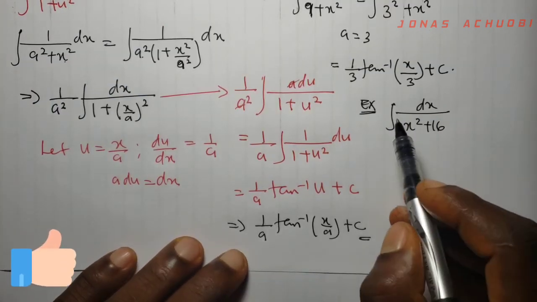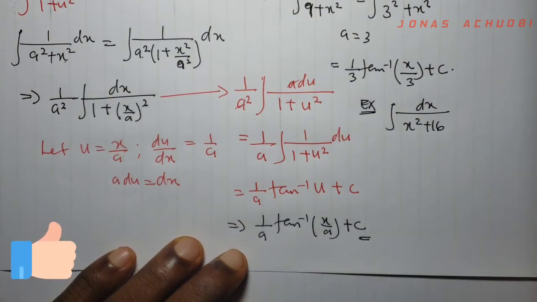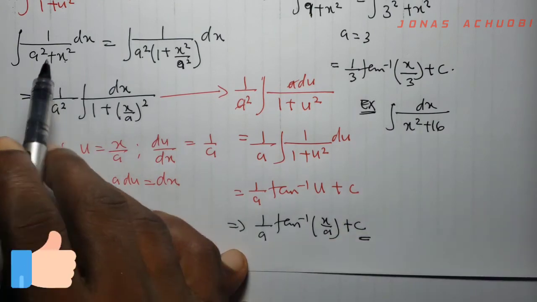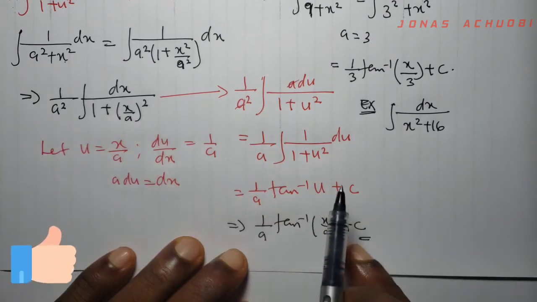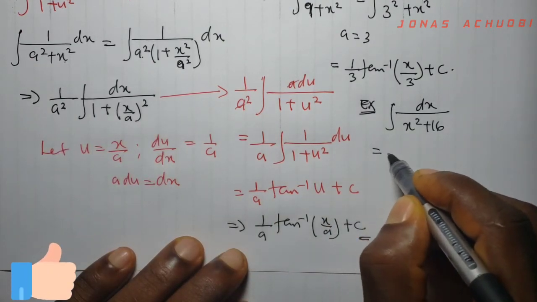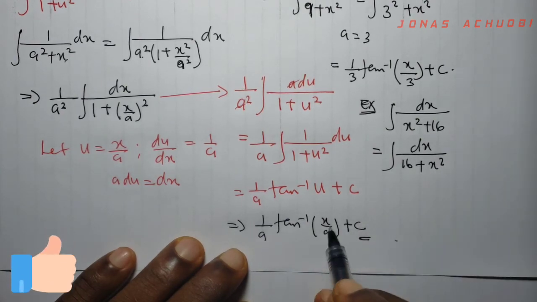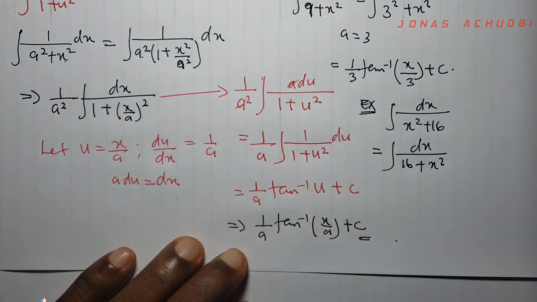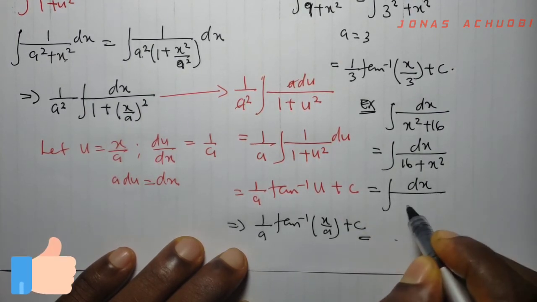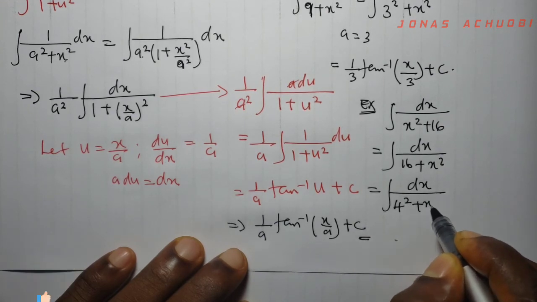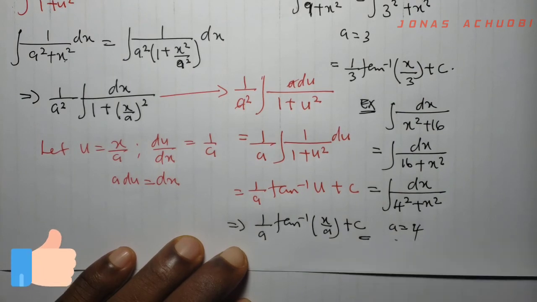Example 2. We want to evaluate the integral dx over x squared plus 16. Again, we compare with what we have here. We have x squared is x squared, and a squared is 16. So we can rewrite this as the integral of dx over 16 plus x squared, so that x squared comes last. We can write this again as the integral of dx over 4 squared plus x squared, so that our a is 4.